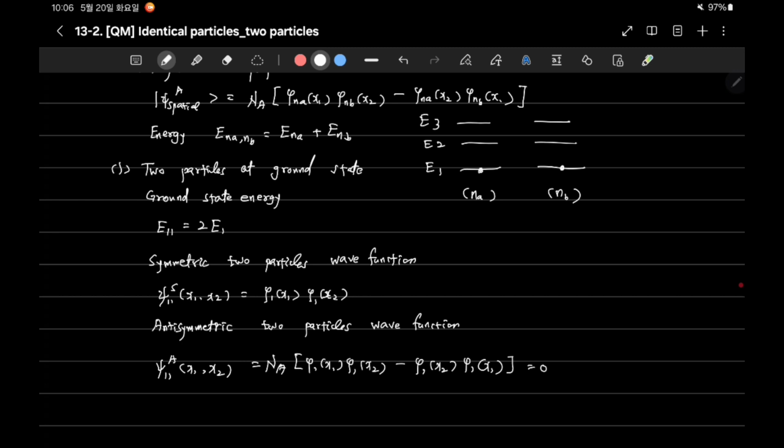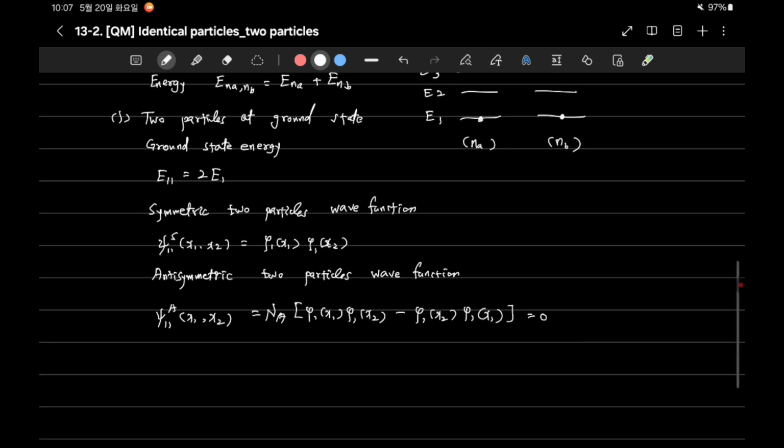So for an antisymmetric two-particle system, the wave function is zero. It means that there is no probability of having an antisymmetric wave function.